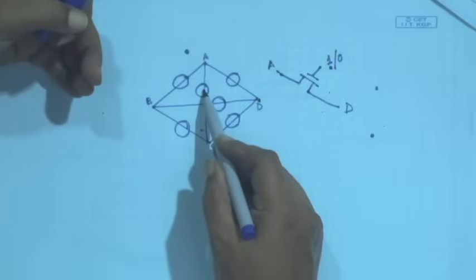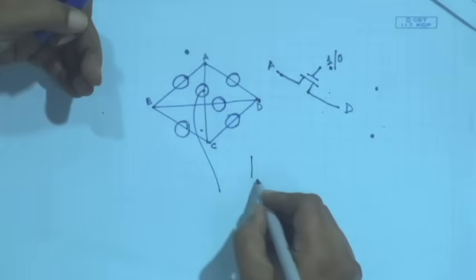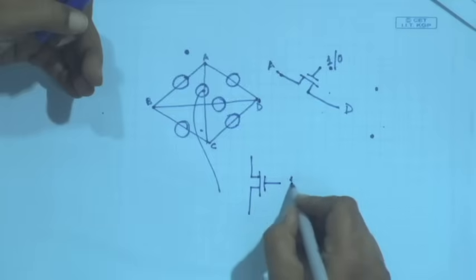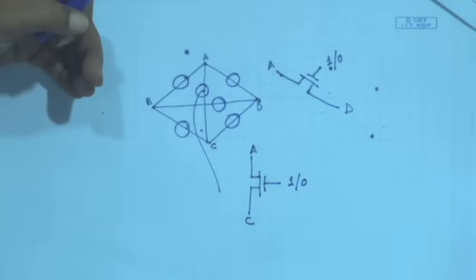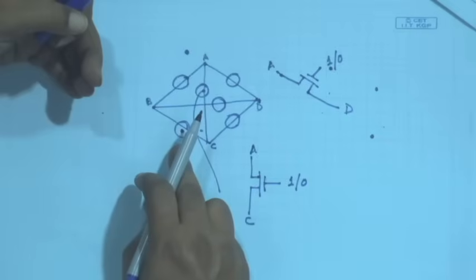Similarly, between A and C, I will have a pass transistor. If I make it 1 or 0, accordingly A and C will be connected, right. Similarly, here I will have another pass transistor, clear.